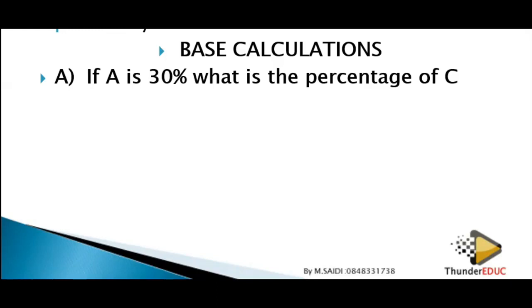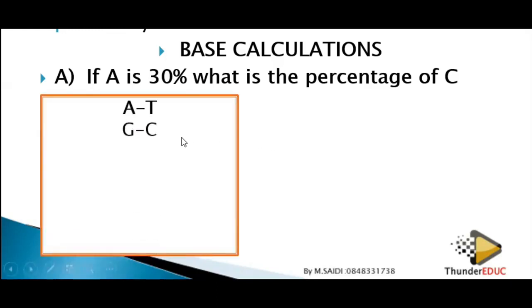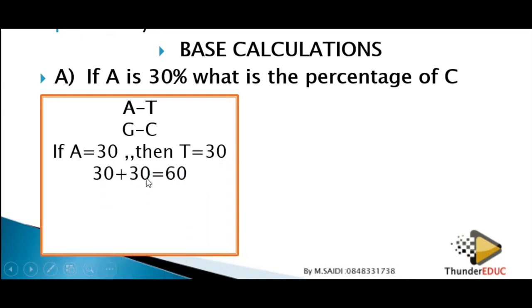This is what I'm trying to say. We are saying that adenine goes with thymine and guanine goes with cytosine. So if adenine is 30, then automatically thymine is also 30. So 30 plus 30 is 60. This 60 is for these two.